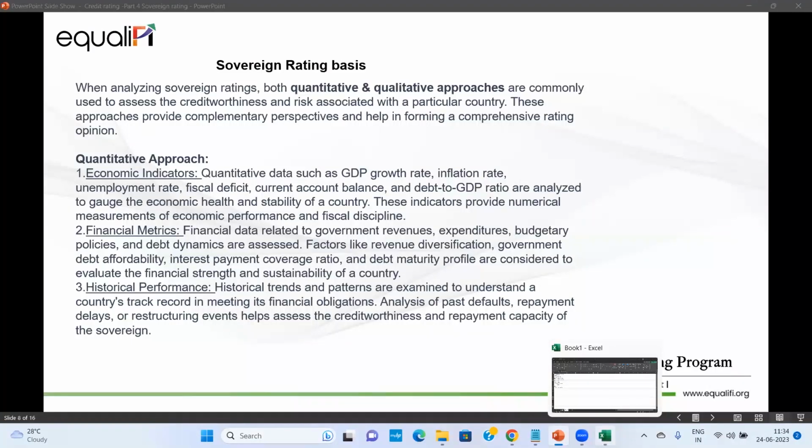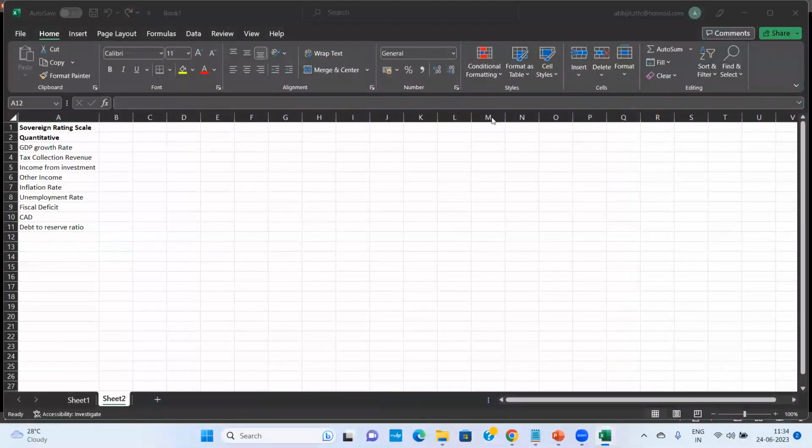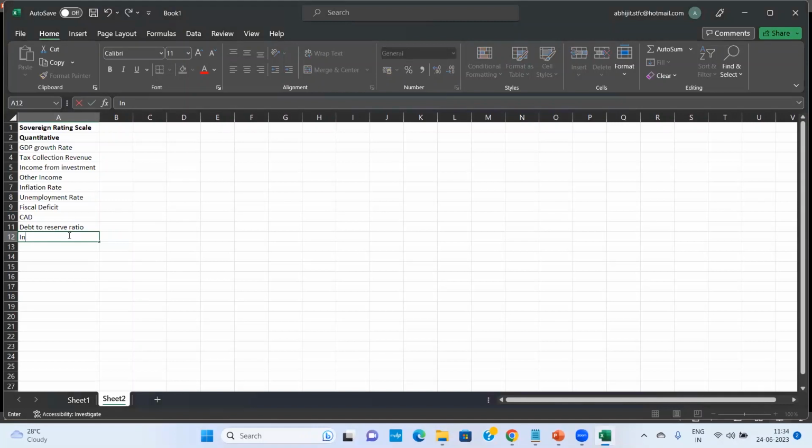Clubbing up all these reserves, you can say it's a reserve for the country. Right? Interest payment coverage ratio.